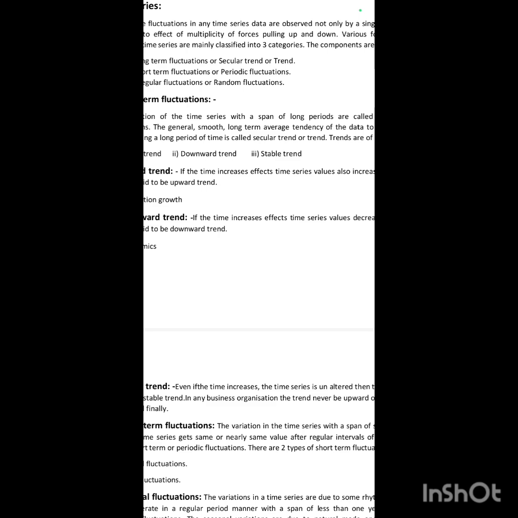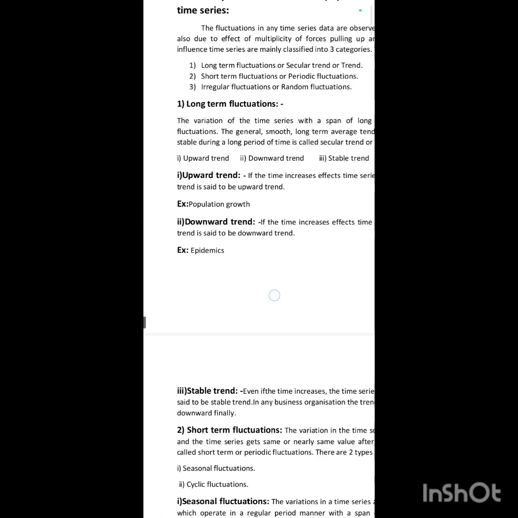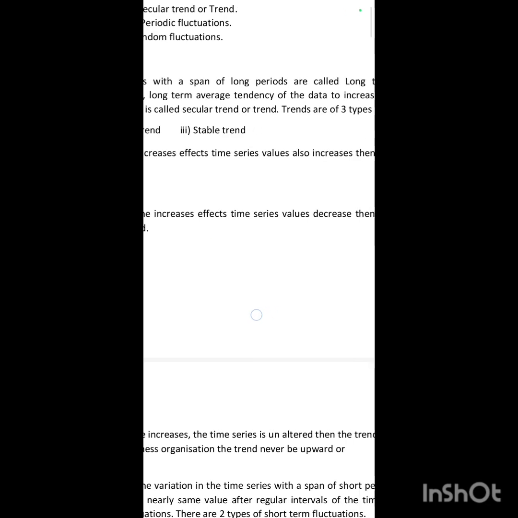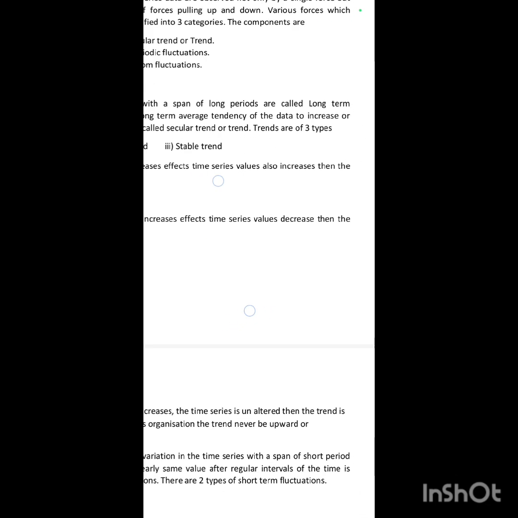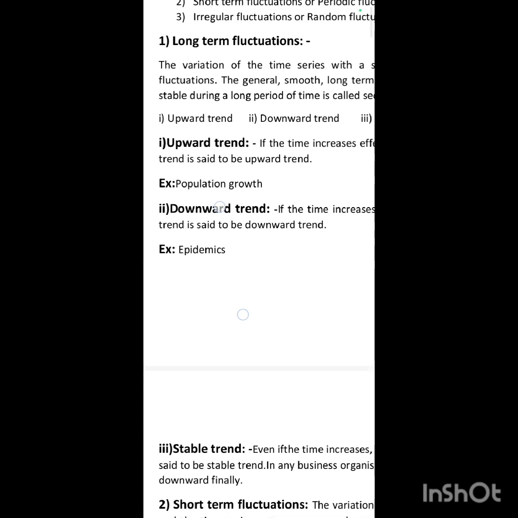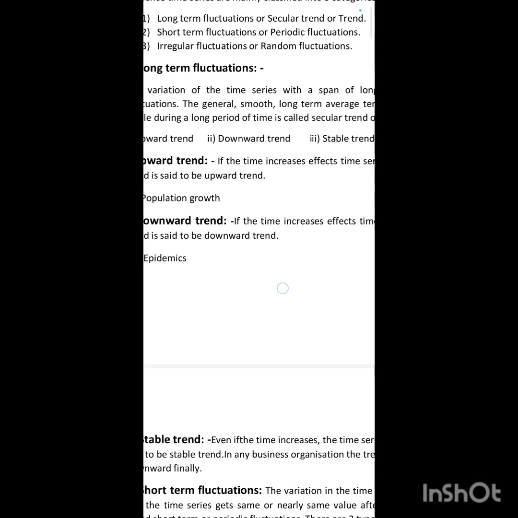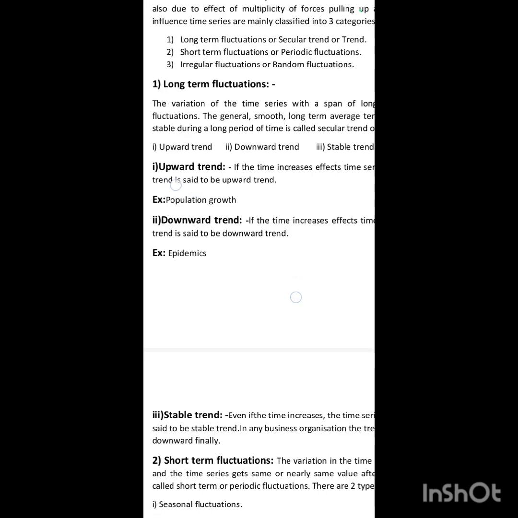In general, the smooth long term average tendency of the data to increase, decrease or remain stable during a long period of time is called secular trend or trend. These trends are majorly divided into three types: upward trend, downward trend and stable trend. So what is upward, what is downward, what is stable trend?